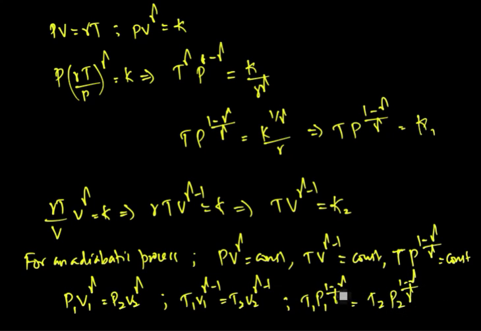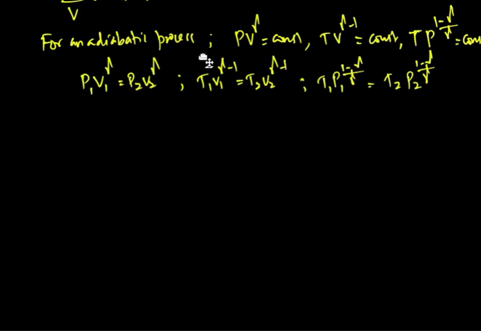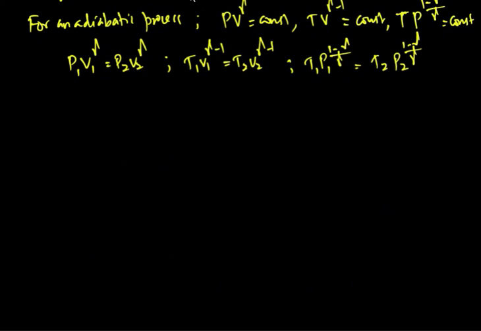So these are some of the equations representing the adiabatic process, or the equation of state for an adiabatic process, where the value of gamma for some types of gas will be useful for doing problems.